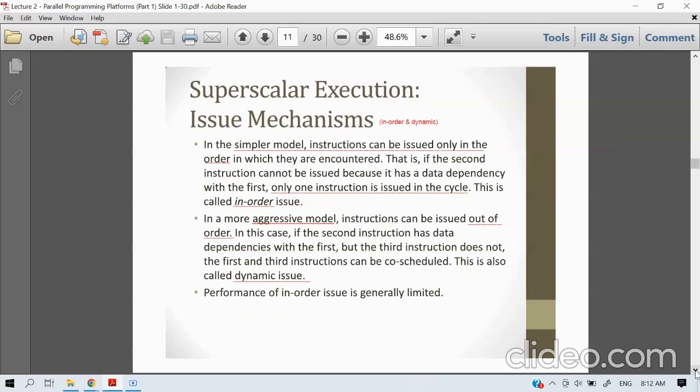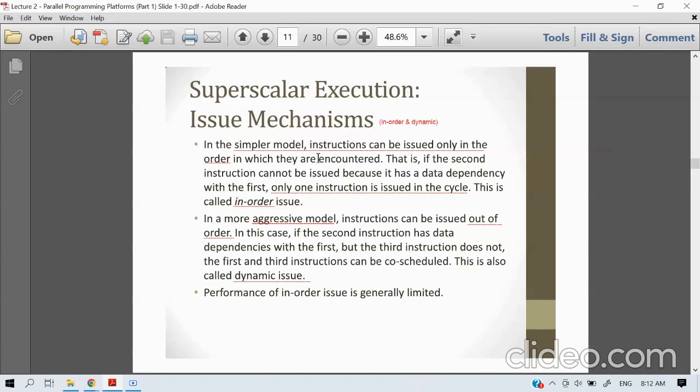There are some issues that need to be discussed in superscalar execution. The first one we call the issue mechanism. There are two issue mechanisms here: in-order or dynamic.